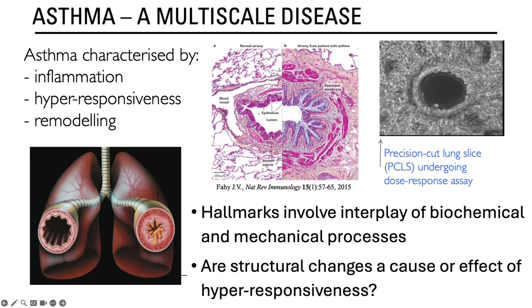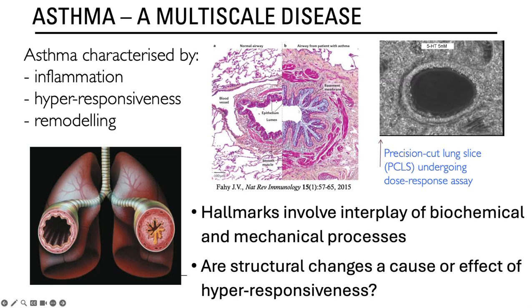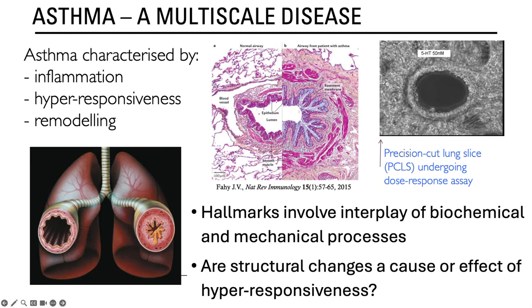The disease itself is characterized by three things: inflammation, hyper-responsiveness, and remodeling. When we breathe in an allergen, there's an immune response. White blood cells come into the airway to try and deal with it, and then they tend to hang around in asthma longer than they should, causing inflammation of the airways.